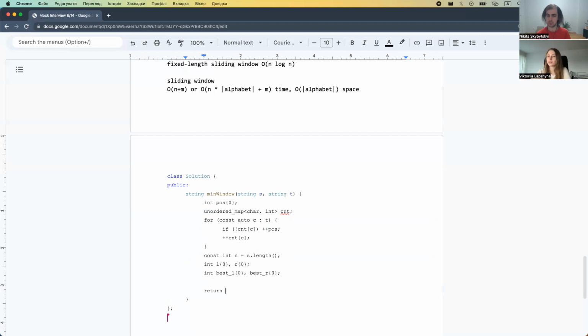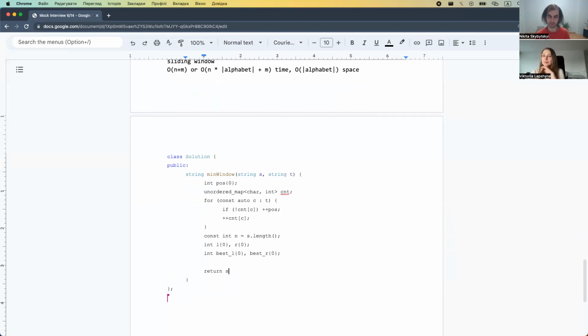Oh, because you want to return it, of course. Yes, I want to return the string instead of the length. That will be just substring from best left, and here we don't actually provide best right, we provide the length. So maybe that was a good idea to have best len.